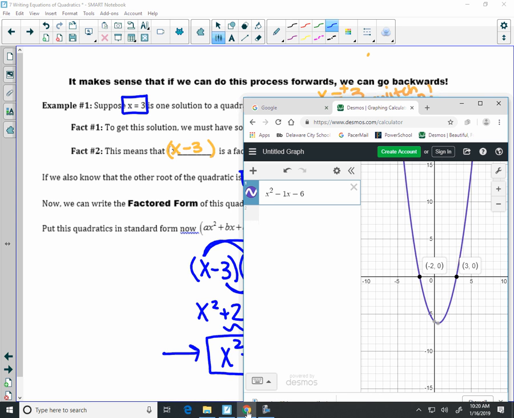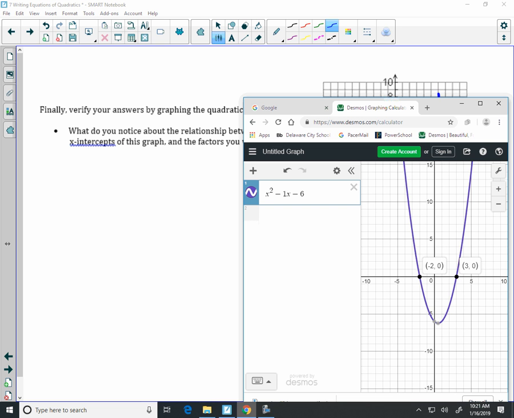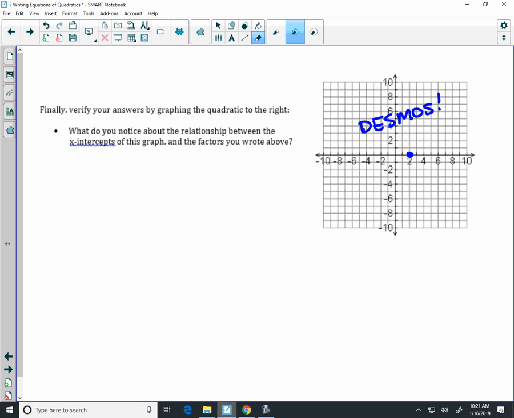And it absolutely does. So you can draw that graph if you would like to, or you can just write here, we looked at it on Desmos. And we verified, oh wait, now I can't even remember, positive 3 and negative 2. Check.